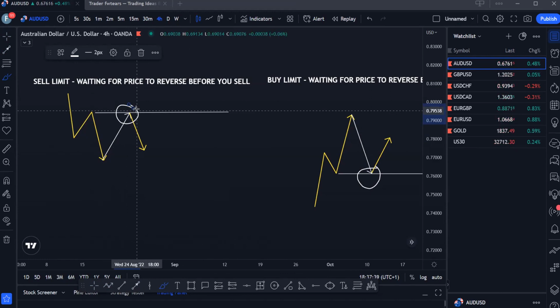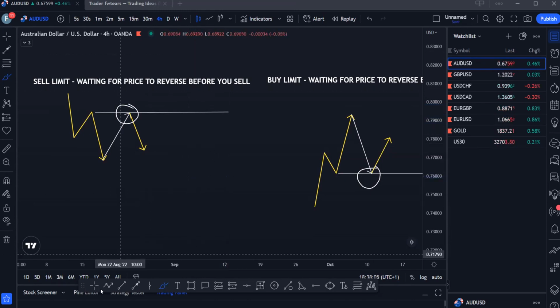As you practice using these pending orders, you get used to it, and you know exactly when to use them and when not to use them. But I need you to have a proper understanding of this first, and then we'll take a look at an application shortly. So that is that about limit orders. There's nothing too fancy about it.